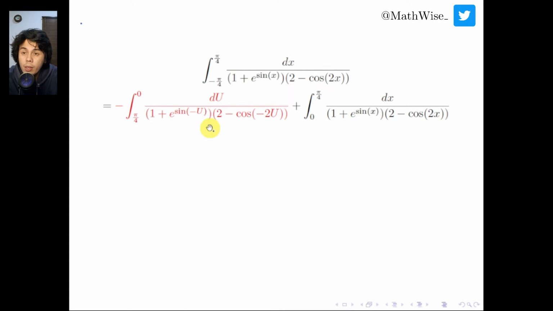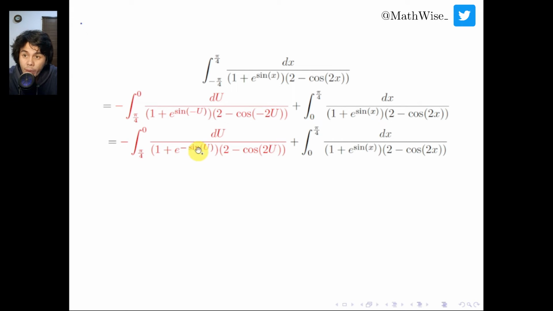Since sine is an odd function, sine minus u is equal to minus sine u. And also, since cosine is an even function, cosine minus 2u is just cosine 2u. So I change this into minus sine u here, and cosine minus 2u becomes just cosine 2u.